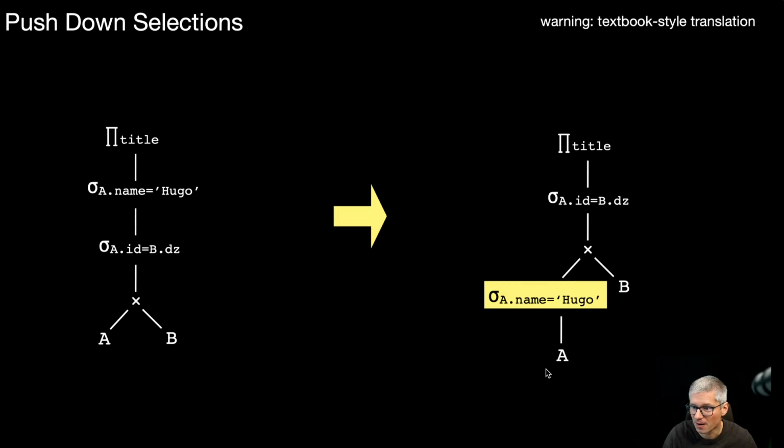Immediately after this A relation, I filter out the tuples that qualify, and only then I go into the cross product. Which, if you think along complexities, doesn't change the complexity of the cross product. The cross product will always have a square complexity, but the input size to the cross product will change.